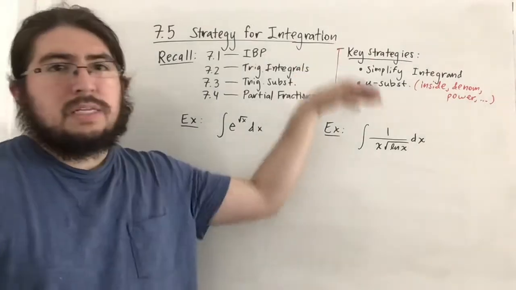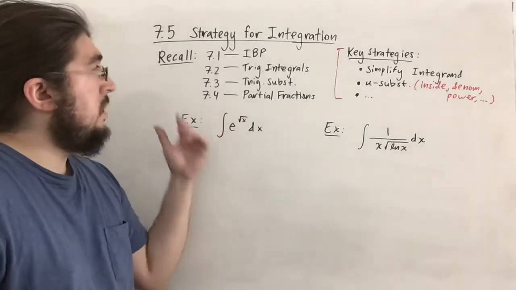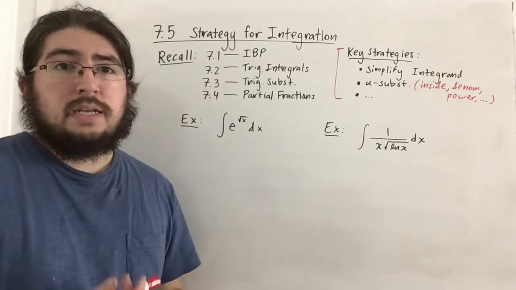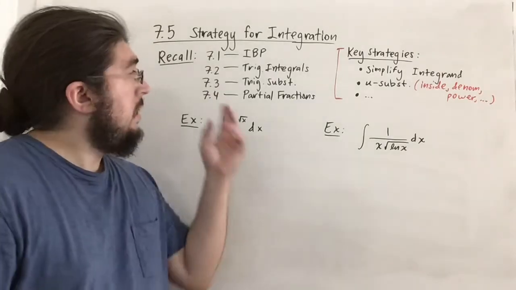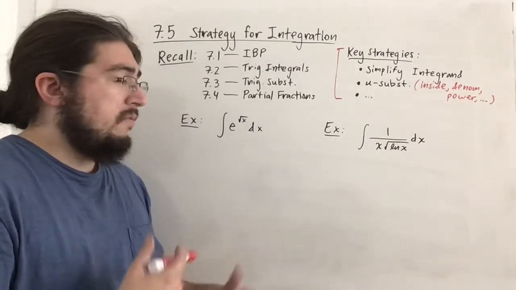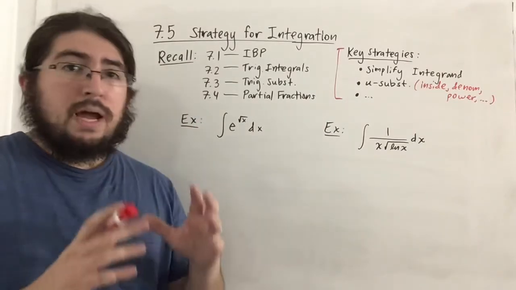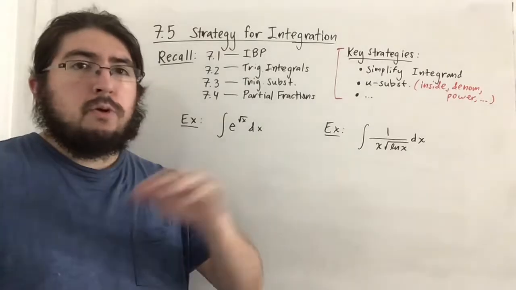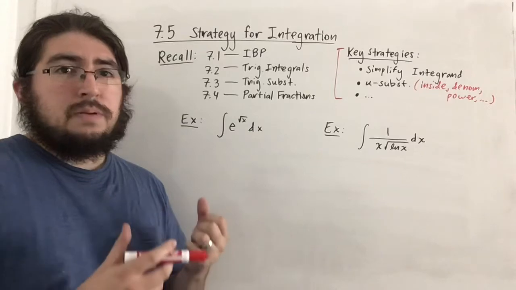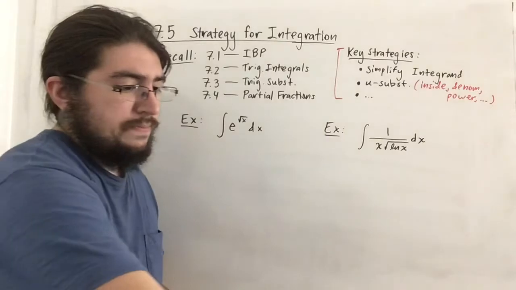But these are some things you want to try before even thinking about the main sections we've discussed, which of course are integration by parts, integrals involving trig functions like a power of sine times a power of cosine, trig substitution, where it doesn't involve trig, but then you convert it to a trig integral involving some substitution, and then 7.4 was partial fractions, where you have a rational function, so polynomial over polynomial. If you can factor the denominator and it doesn't seem to be integrable in an easy way, then you might want to split it up, use the partial fractions, and you should be set.